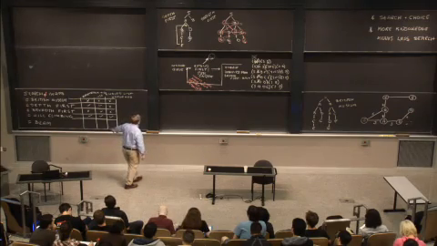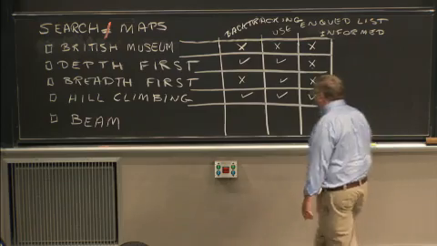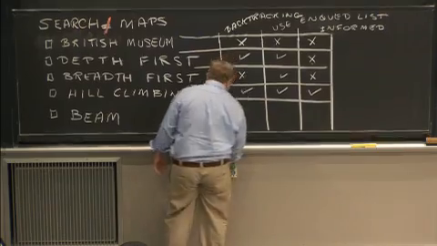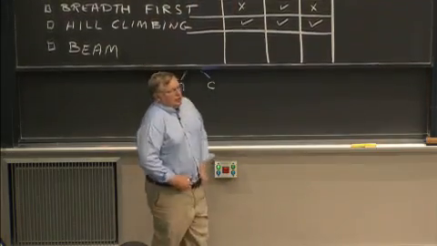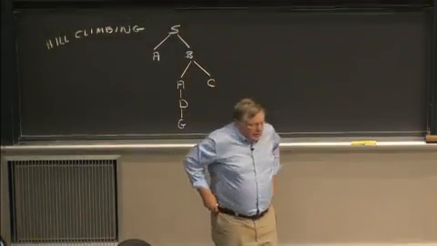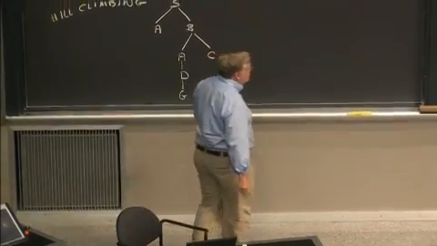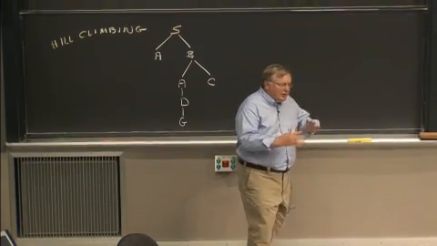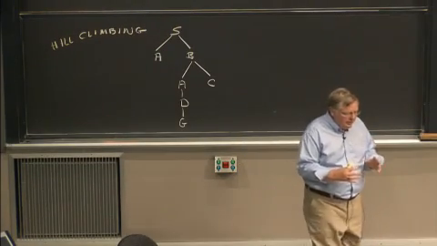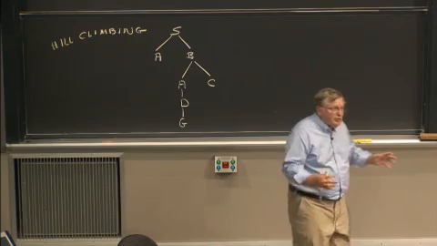Oh yeah, now there's one more, and I've already kind of given it away by having it on my chart. It's called beam search, and just as hill climbing is an analog of depth first search, beam search is a complement or addition of an informing heuristic to breadth first search.